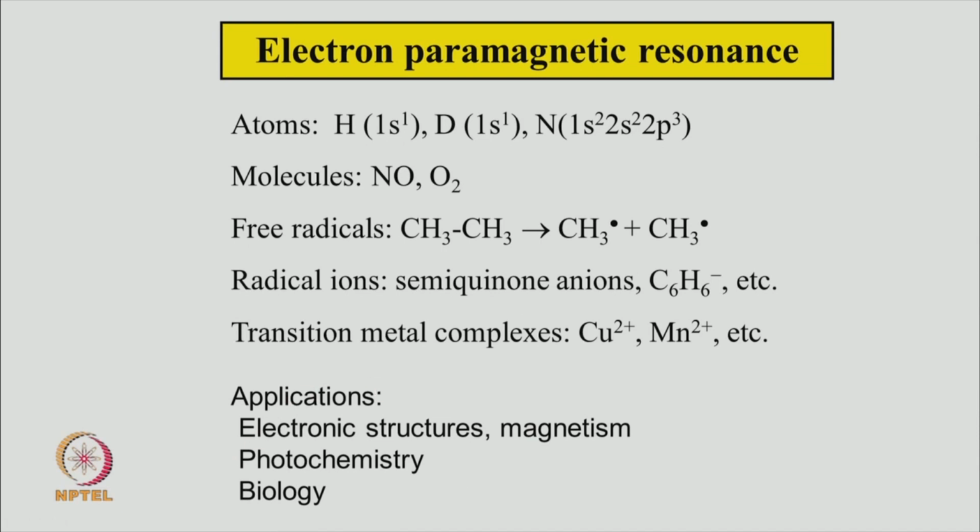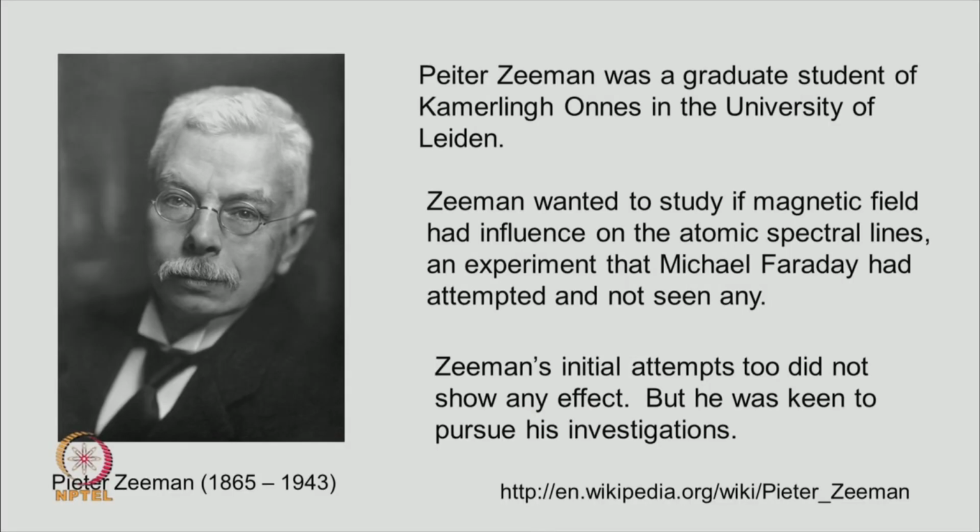So, before we start learning about the spectroscopy, it is very interesting to go through the history of developments of some of the key ideas that led to this spectroscopy. To that end, let us start with this person, Peter Zeeman.